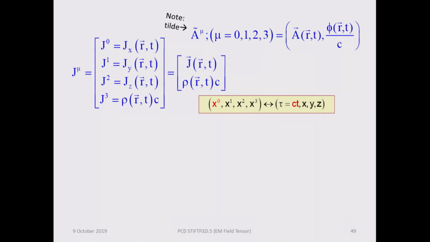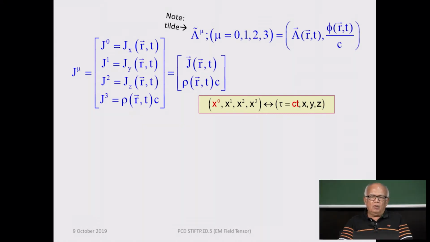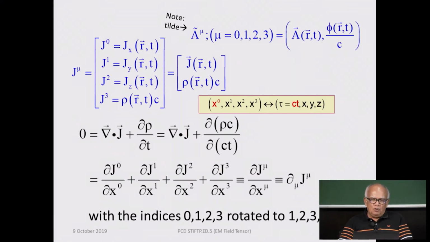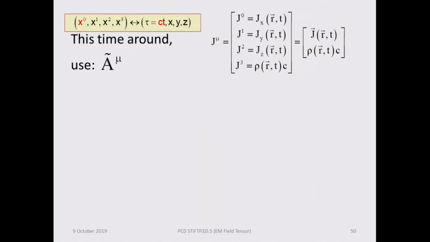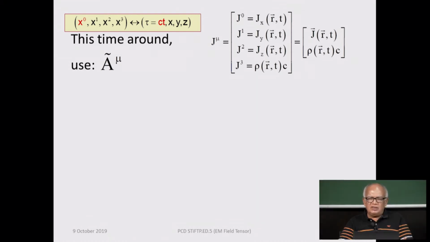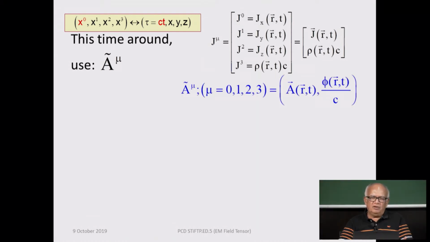So, you have got the tilde, which is what I am highlighting here. We are now going to work with the tilde, and sure enough this is completely consistent with Maxwell's equations, and this time around we will use the tilde representation of the 4 potential.